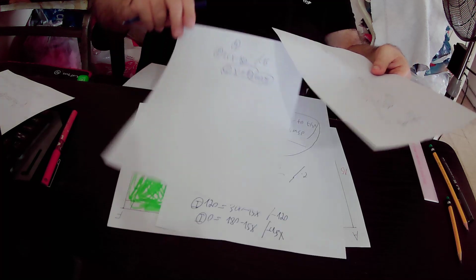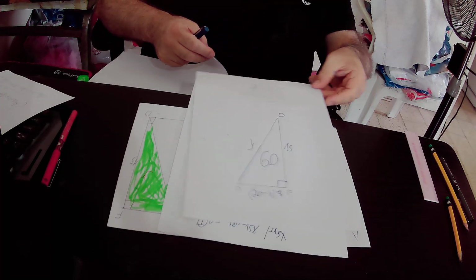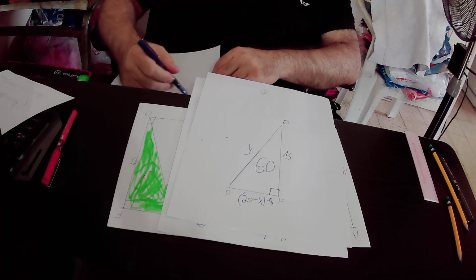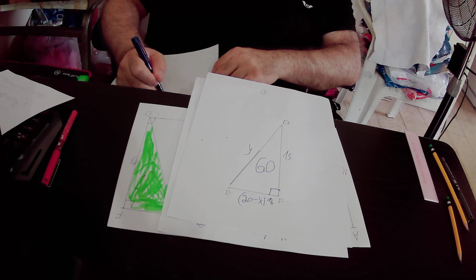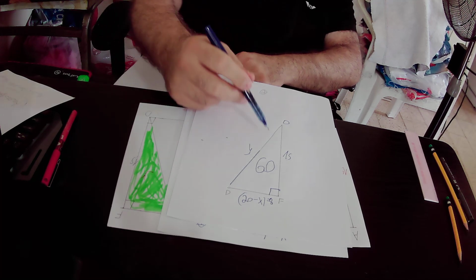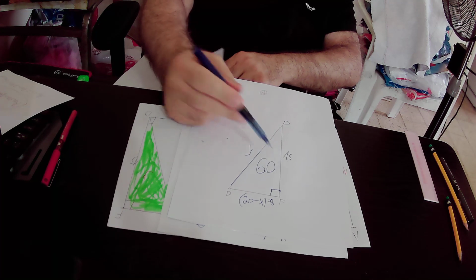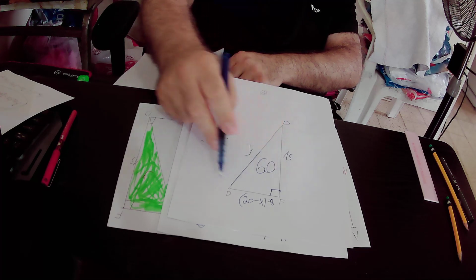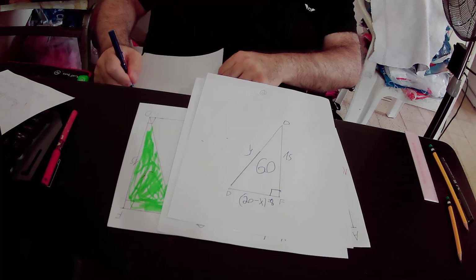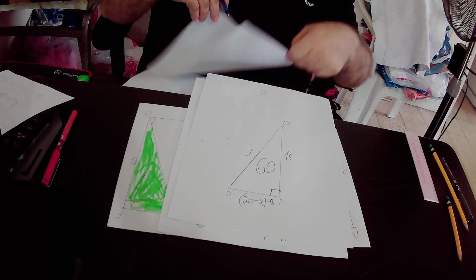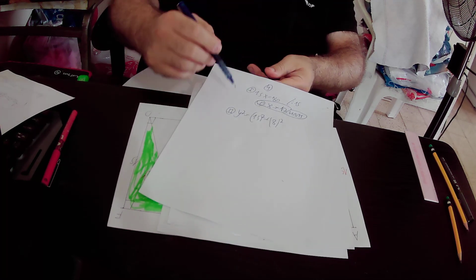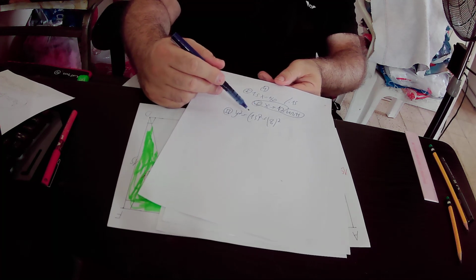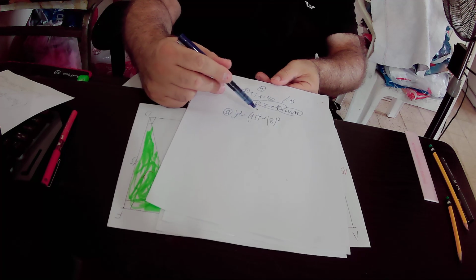That is to say, y squared, the square of the hypotenuse, equals the sum of the squares of the legs, which is 15 squared plus 8 squared. 15 squared is 225 and 8 squared is 64.